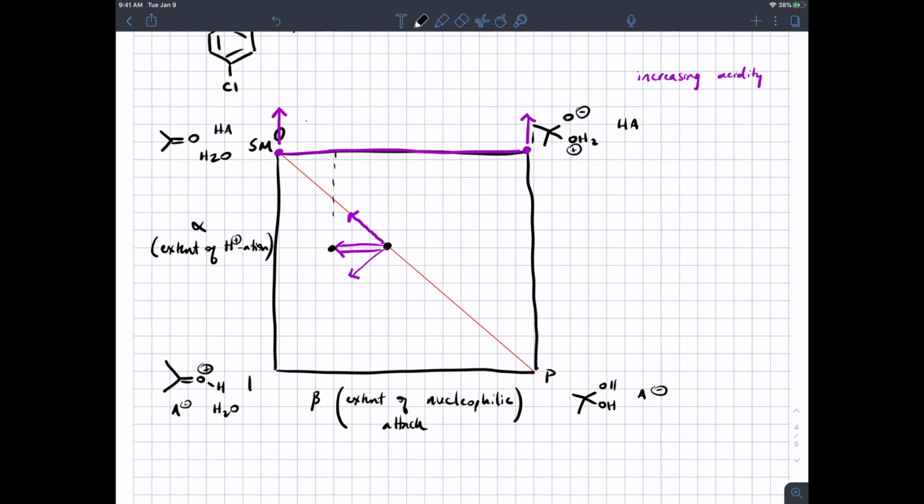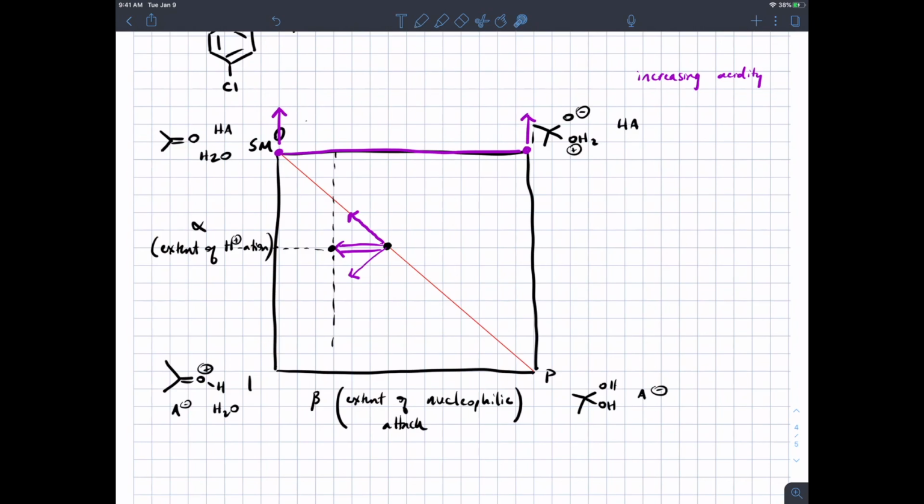Let's look at what that change did with respect to nucleophilic attack versus protonation. By increasing the acidity, we don't change the extent of protonation in the transition state, but we do change the extent of nucleophilic attack.